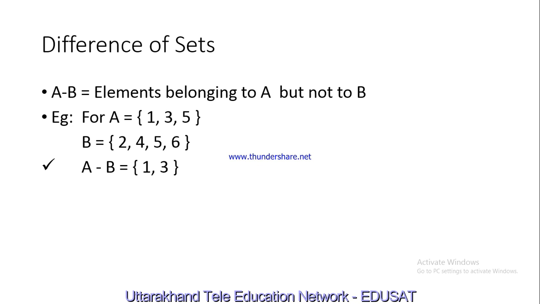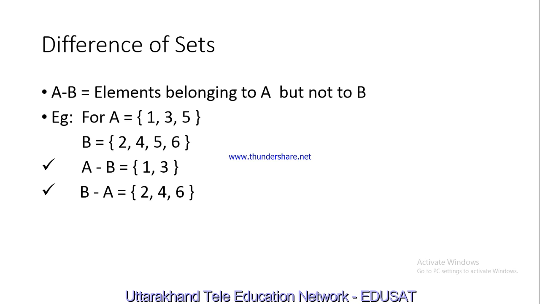Please understand this mechanism better, because we'll be using this for solving various practical questions later on. Elements belonging to A were 1, 3 and 5, but since 5 was also part of B, we eliminated 5 and got this result: A minus B is equal to 1 and 3.